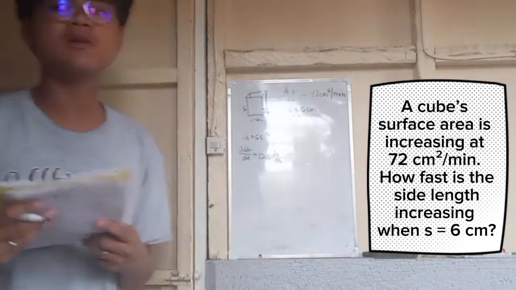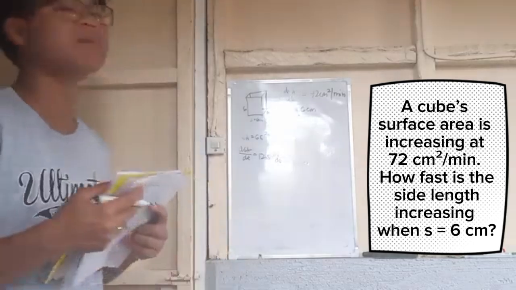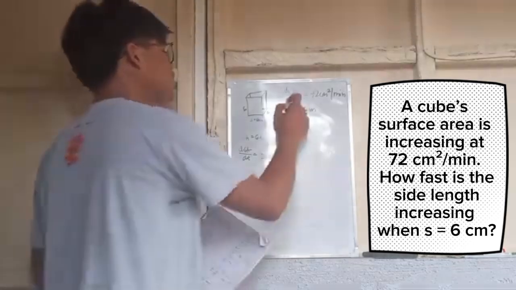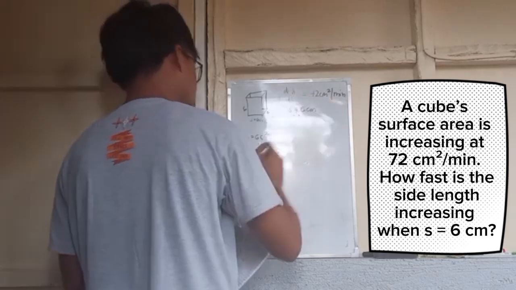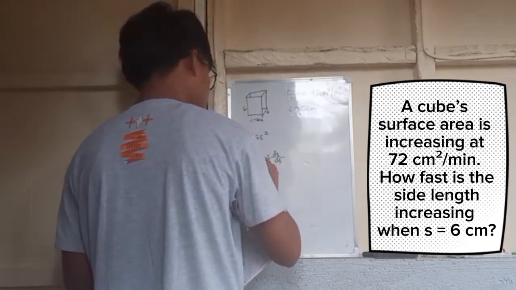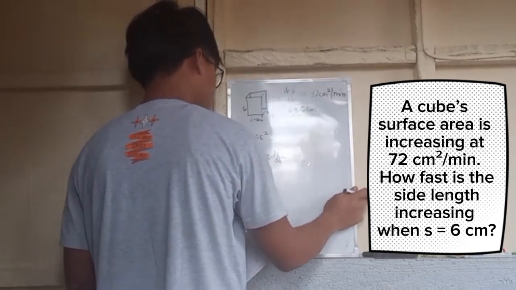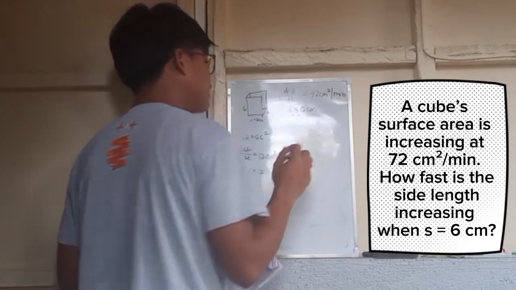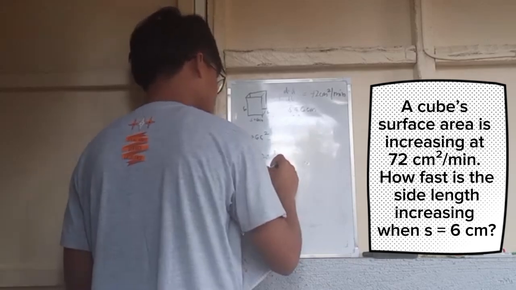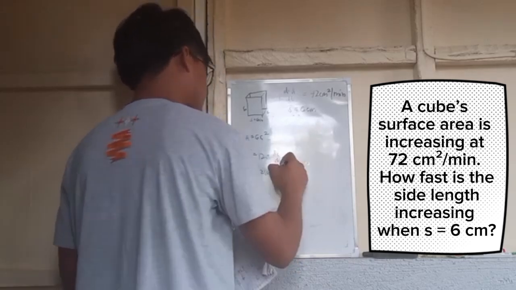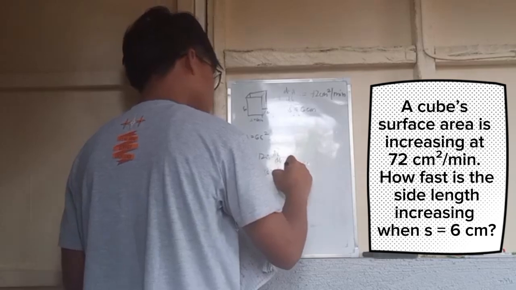Now that we have the formula, we can substitute the given values in the problem. So dSA over dt is equal to 72, then copy 12, s is equal to 6, and copy the ds over dt.